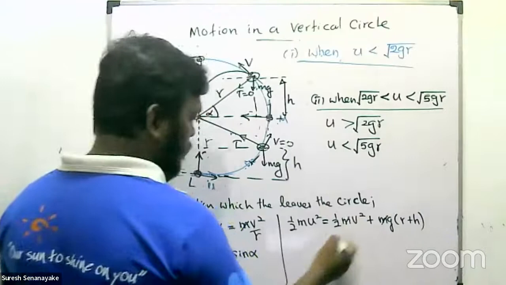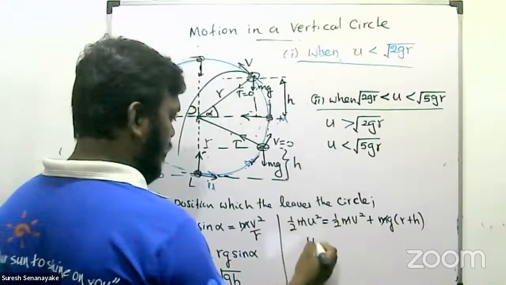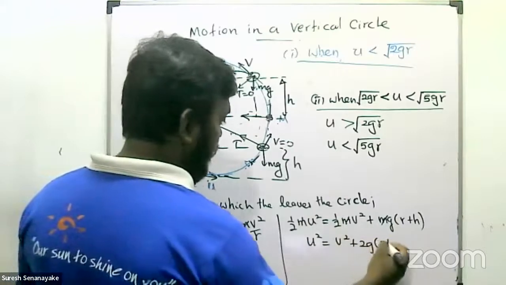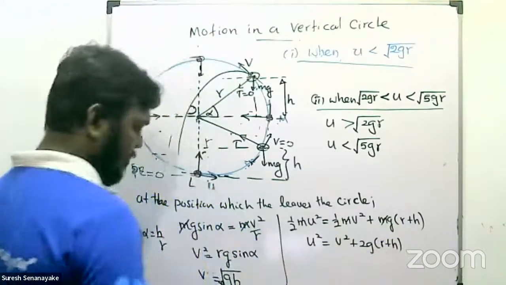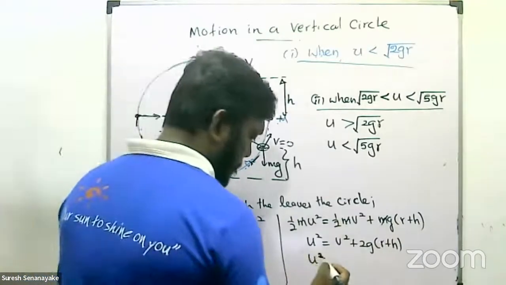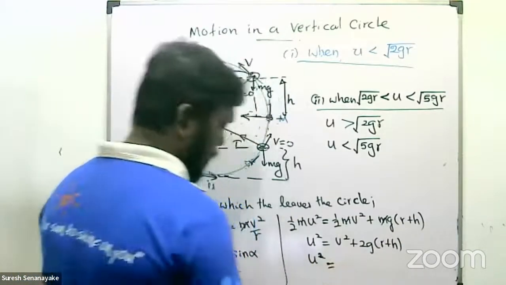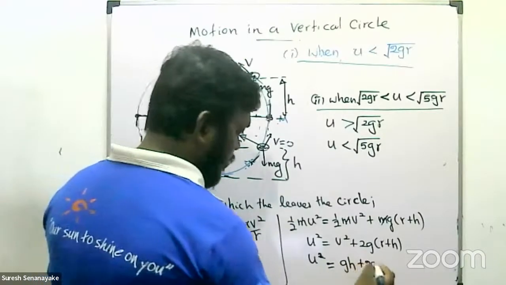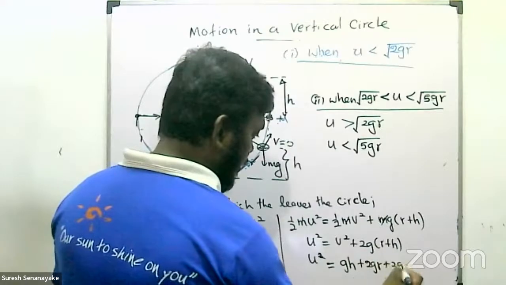Let's cancel now. I multiply by 2, that is u square equals v square plus 2g (r plus h). The v square I can substitute from here: u square equals gh plus 2gr plus 2gh.